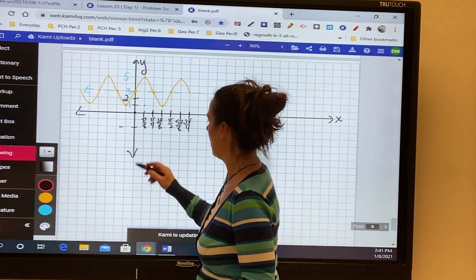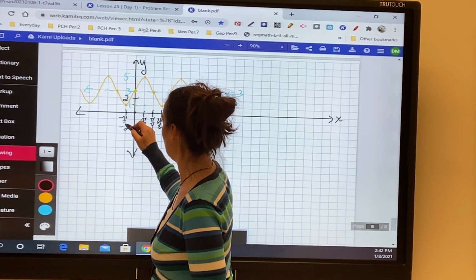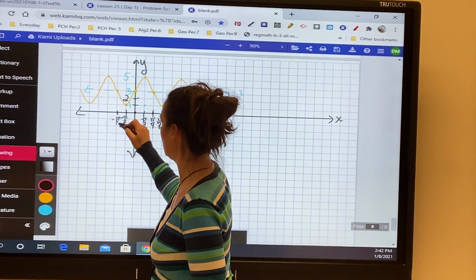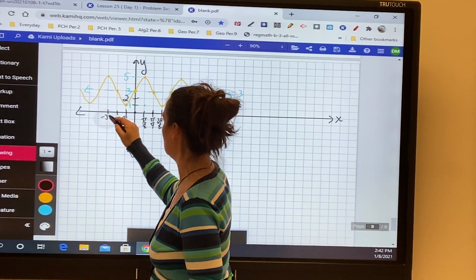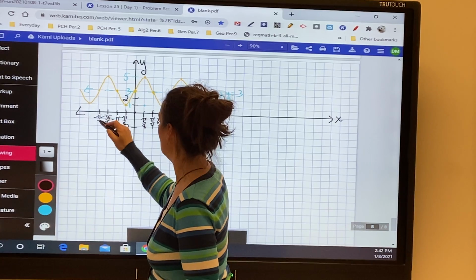And then going in the negatives, that's easy. That would be negative pi over 8, and then negative pi over 4. You already got it scaled in the positive x direction, so then you would just have everything scaled in the negative x direction.